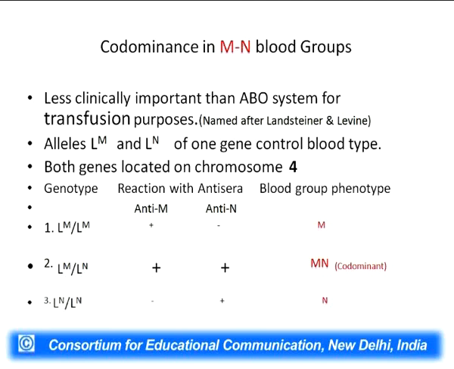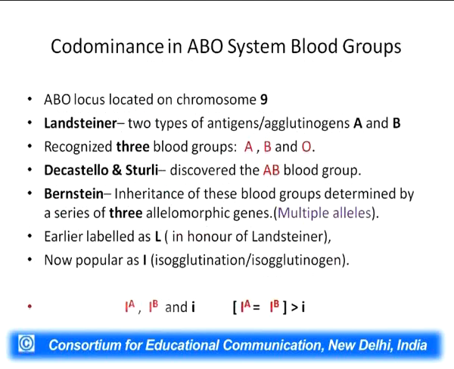The blood group would be M. LN and LN would show N group, but LM and LN would now be codominant and would show MN blood group. Neither of the blood groups can be transfused to the other because the LM would have the antibodies and the antigens. So, this codominance also plays a very important role in our blood transfusion and blood group studies.